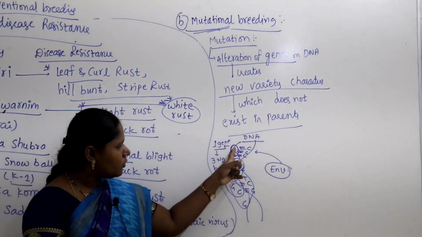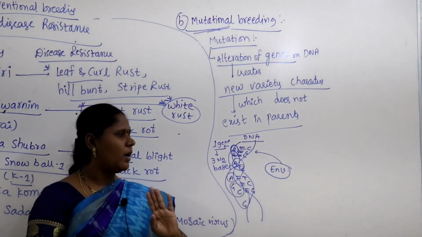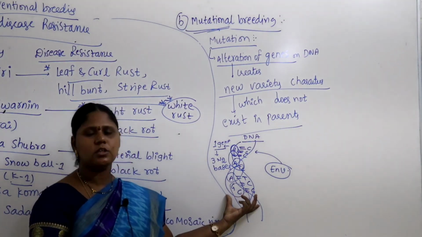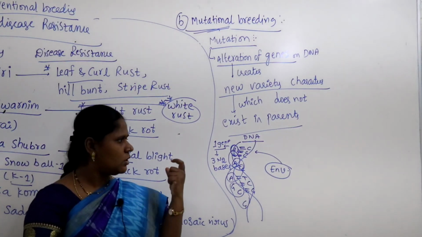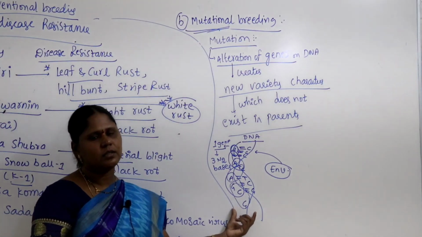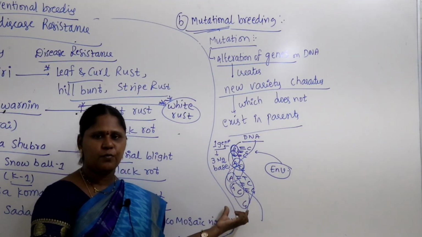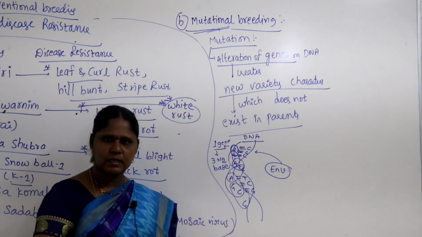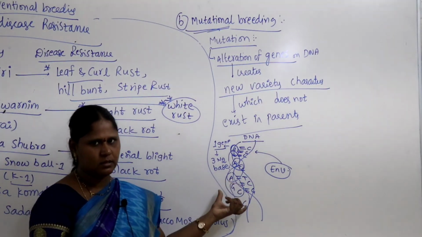Guys, even if you don't understand what I told you here so clearly, no matter. Why? Because this is a major concept we are going to discuss in molecular biology. I am telling you the related concepts of each chapter here. If you don't understand, no problem, because this topic we have to discuss with so many points in depth, then only you will get back to this point and understand it.